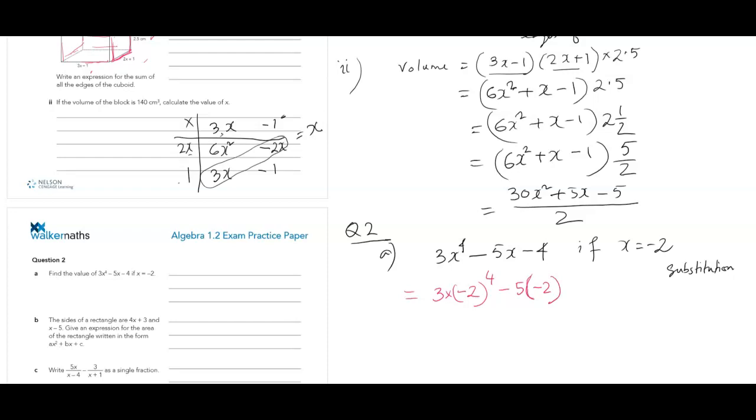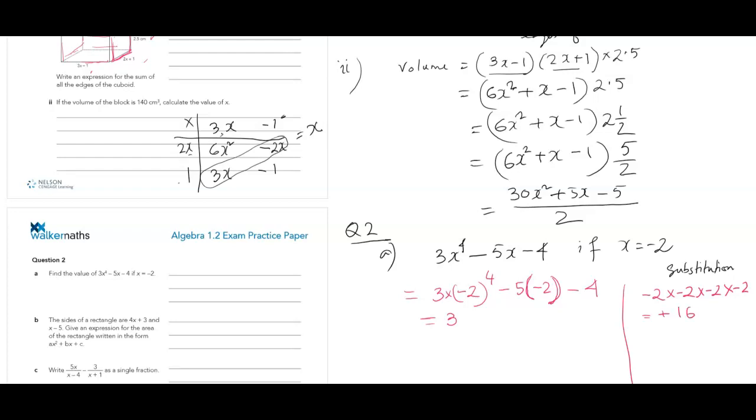I enclose the negative numbers with brackets to safeguard it, so that I don't make a mistake. And I'm going to do the rough calculation. Negative 2 times negative 2 times negative 2 times negative 2. That'll give you a positive answer. It's an even index.